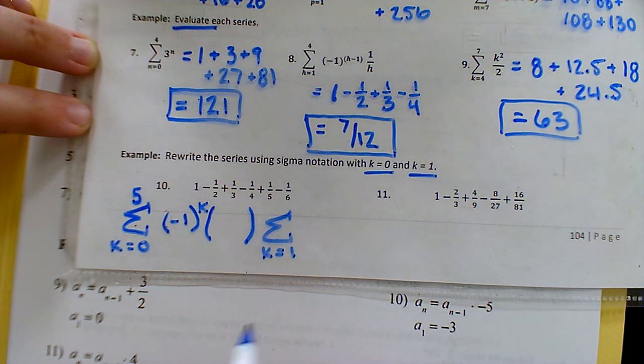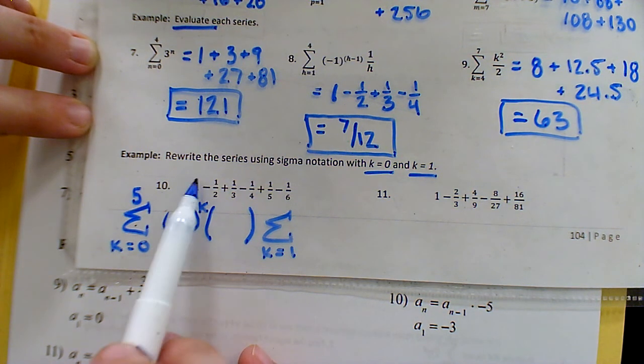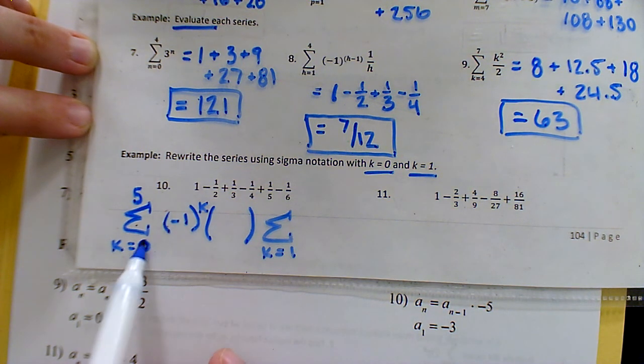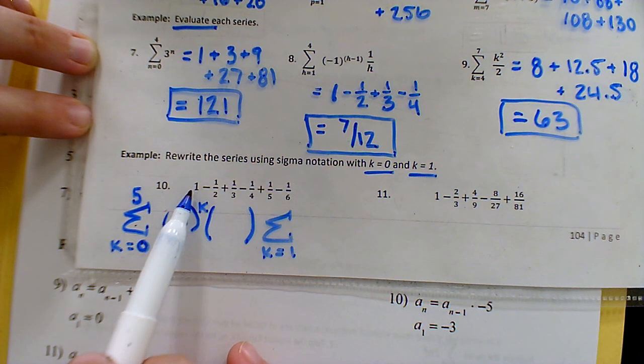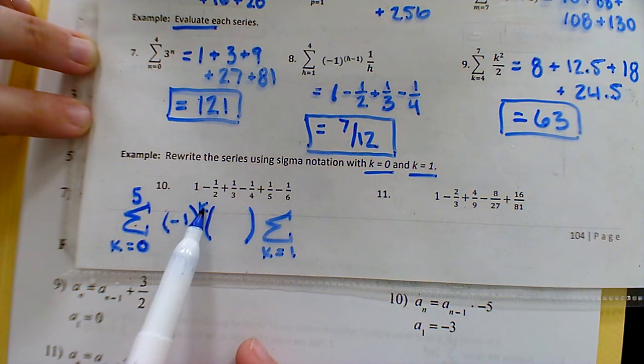I guess I'm wondering why you have -1 to the k, because your signs are opposite what they are in the series you have here. Because your first term is positive, but if you plug in 1... Okay, well, our first term is positive, right? But I need to plug in 0 to give me the first term. Oh, I see. So if I plug in 0 here, that would give me a positive value, right?